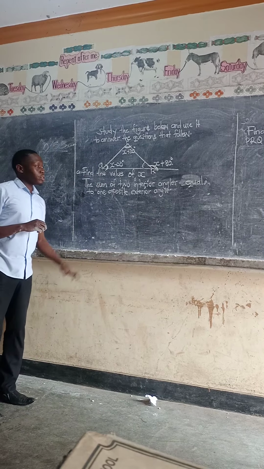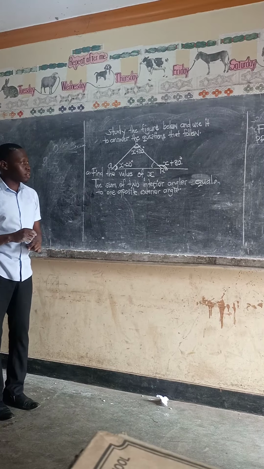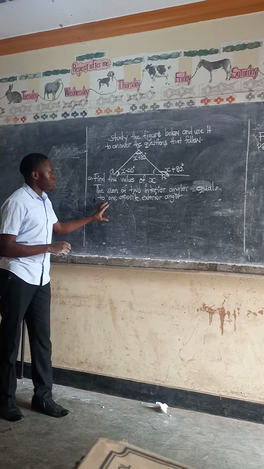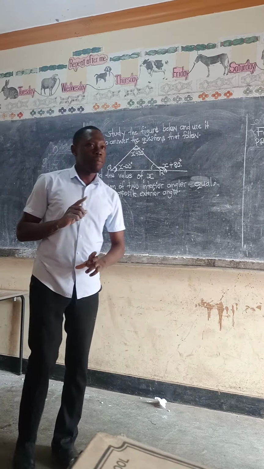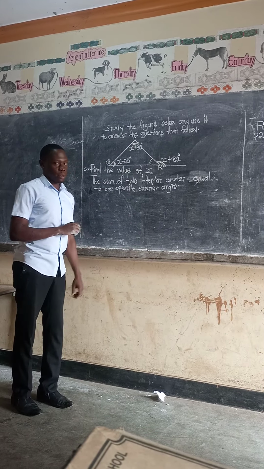So this is what is going to help us in finding the value of x. It is simply the sum of two interior angles equals to one opposite exterior angle. Once you have that in mind, you will always be able to do questions like this.